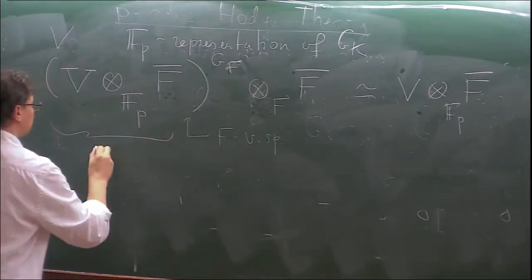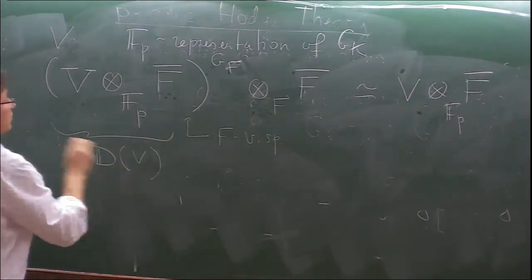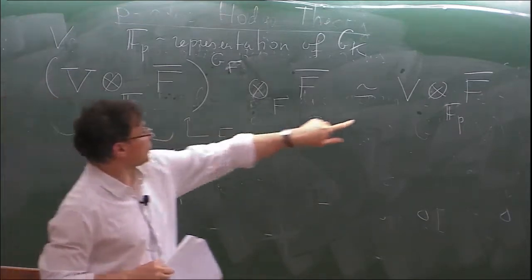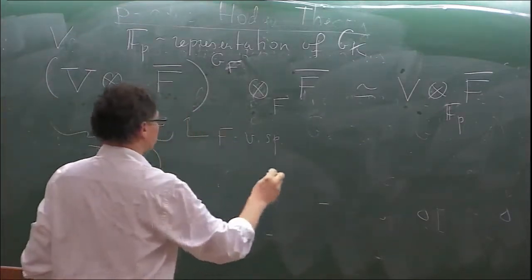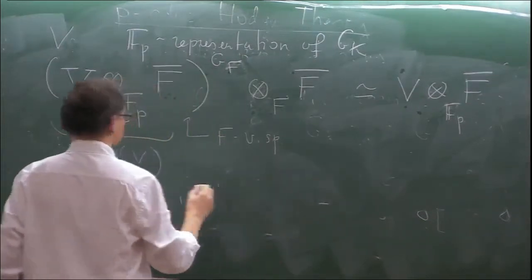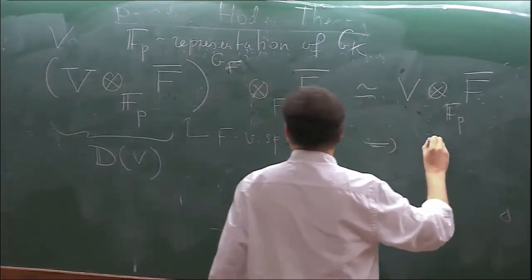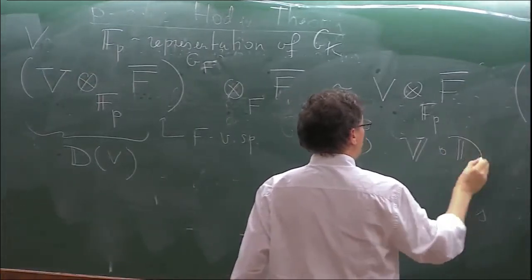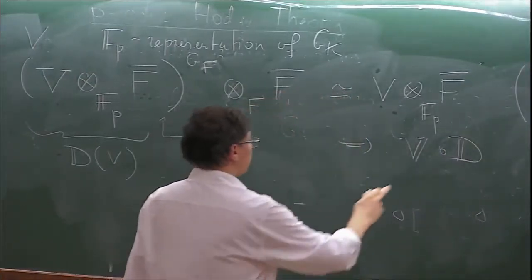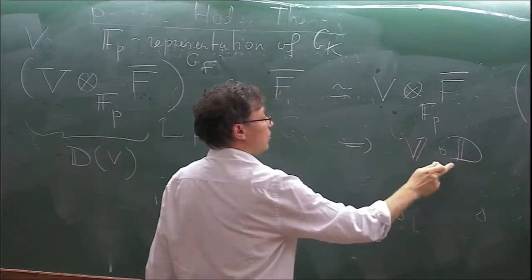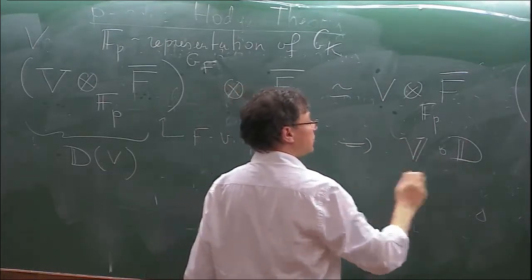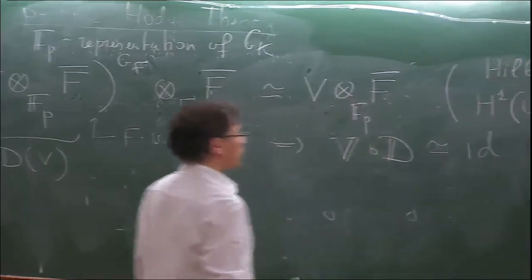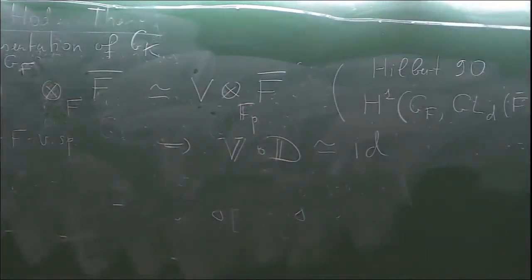So this is our D mod p, and we recover V. So this isomorphism implies that the composition of D and V in this order is quasi-isomorphic to the identity functor.